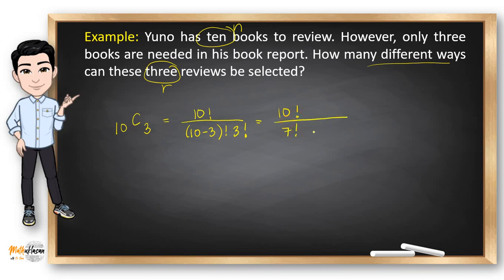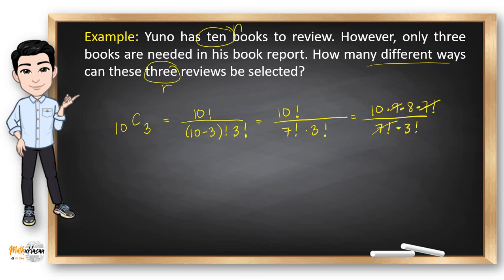So we have 7 factorial times 3 factorial. So we'll have 10 factorial divided by 7 factorial times 3 factorial. And by using the factorial notation rule, we can rewrite this up to 7. So 10, 9, 8, 7, because 7 is the highest here, so we would stop here. 7 factorial divided by 7 factorial is just equal to 1.